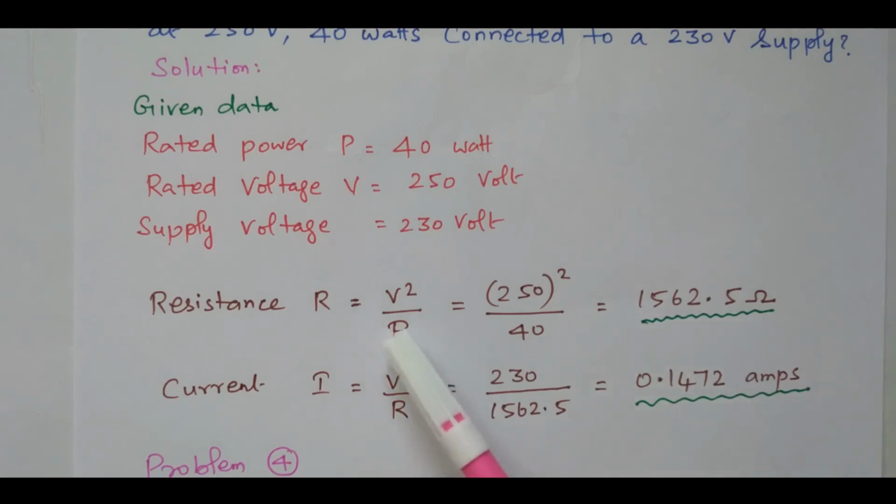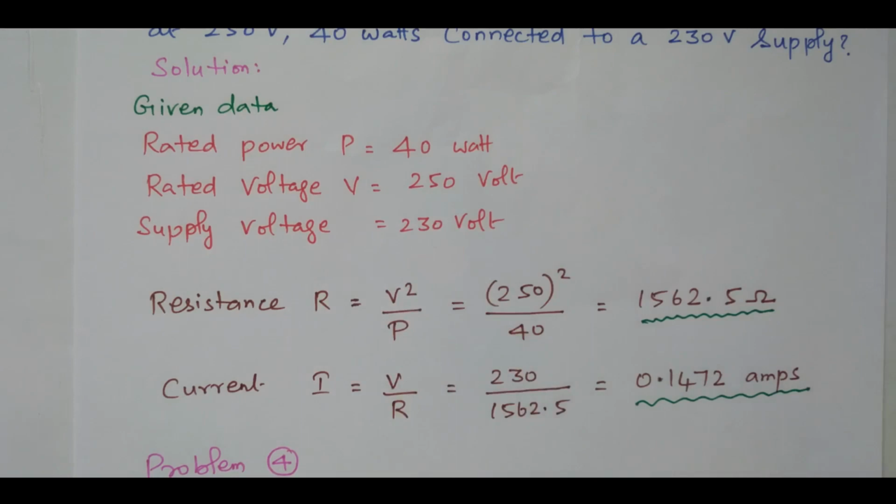Right? So P equal to V square by R, from that R equal to V square by P. Now we got the value of resistance. Supply voltage is already available, so from this R and V, we can easily calculate the current.